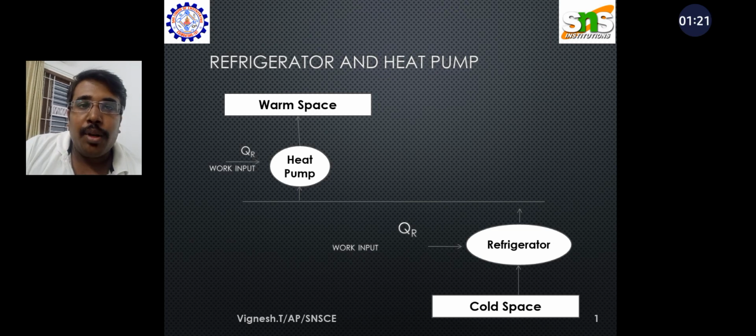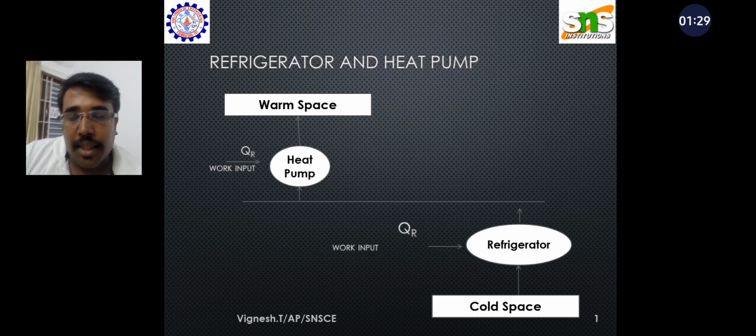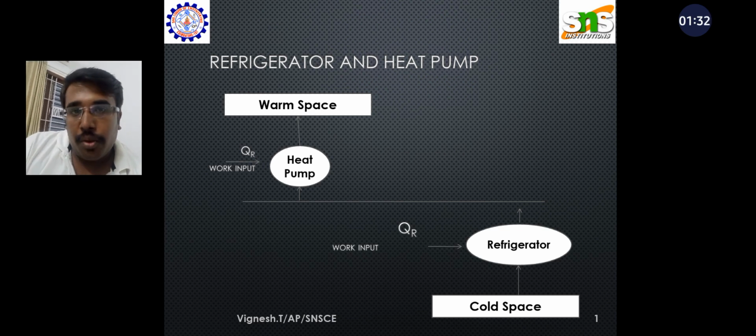Okay, so the heat pump is exactly opposite. I will give an example. We are in India, right? This is summertime actually. So we use an air conditioning system to keep our room at a lesser temperature than the surroundings.